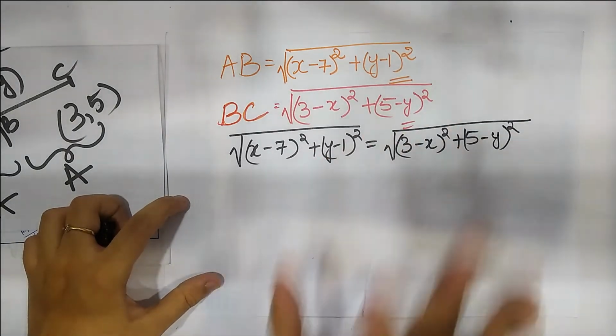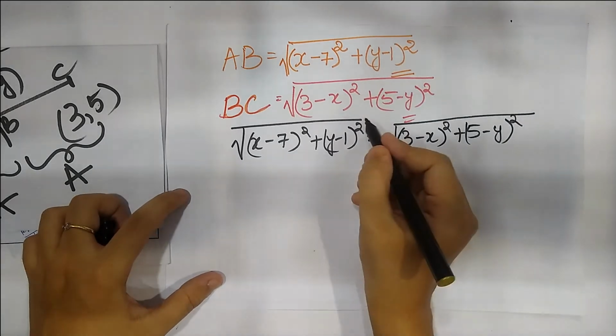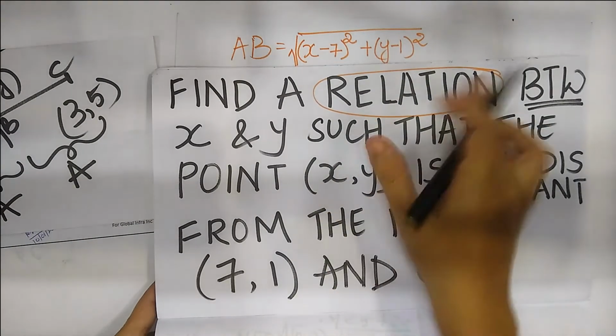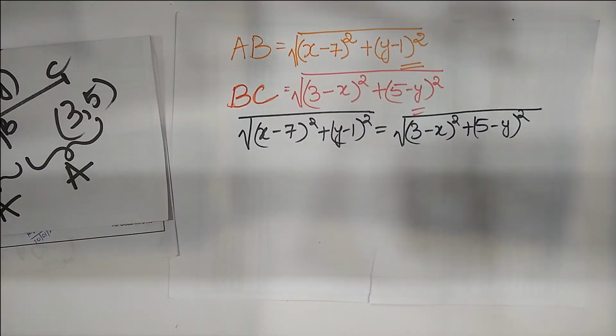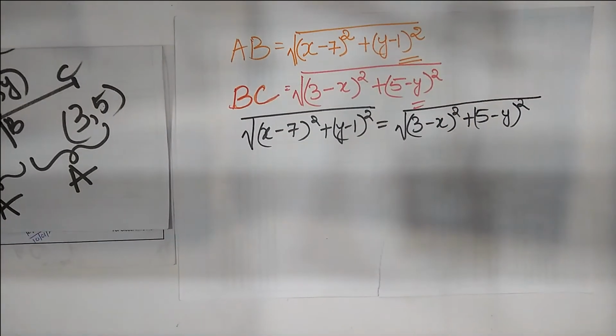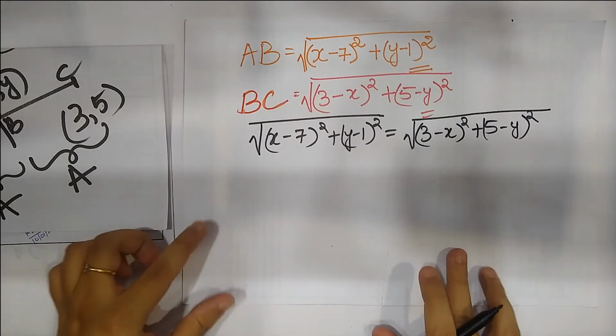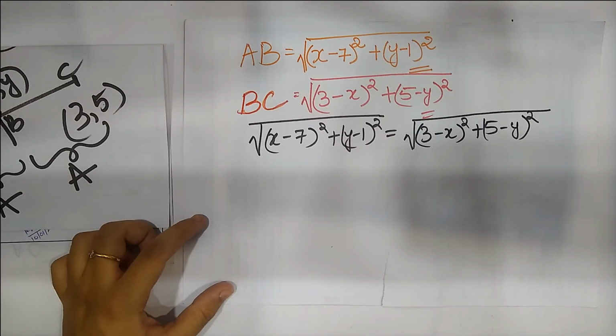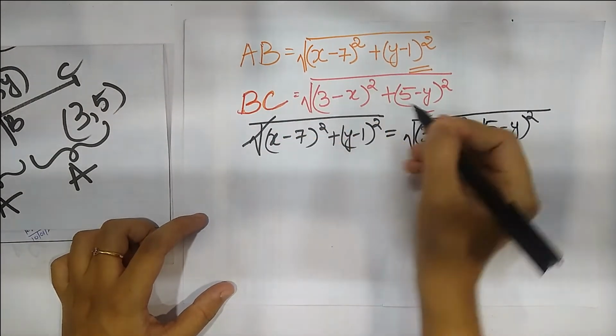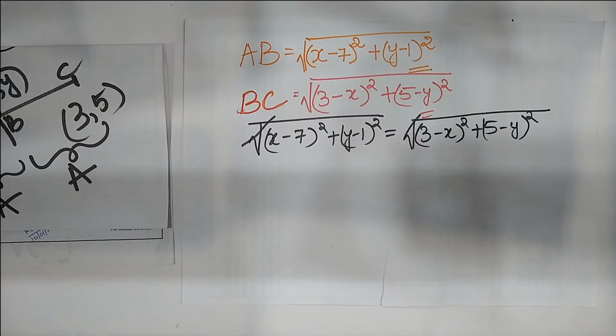From the condition, we already know this. We need to find what? The relation. Relation means equation. So this will actually give us the equation. We just have to do some algebraic calculations further. What you can do in this case is cancel out the square root on both sides, right?